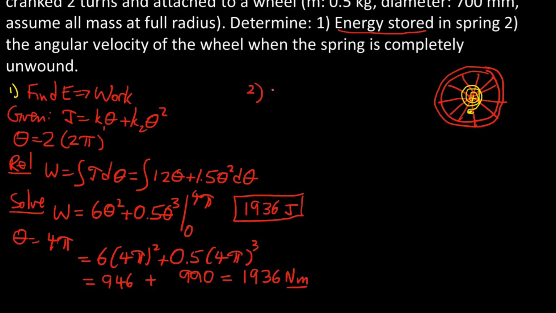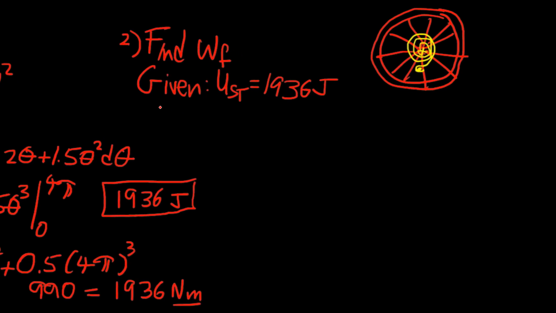2, the angular velocity. What are we trying to find? We're trying to find omega final. We're given that our potential energy in the spring is 1936 joules. We also know that at the end, the final potential energy is equal to 0, and it all goes into kinetic energy.